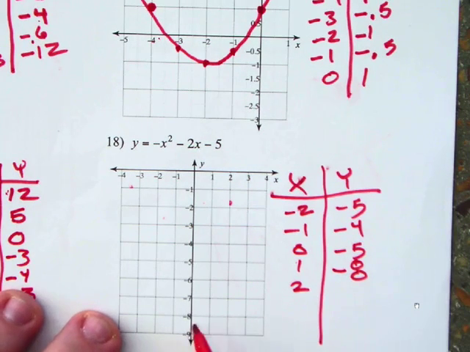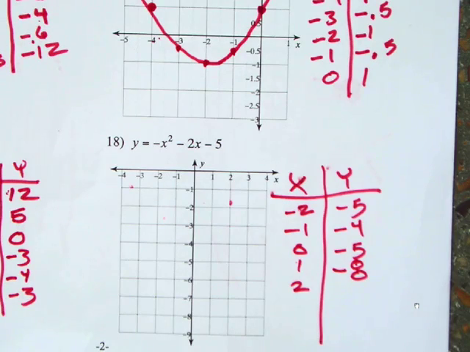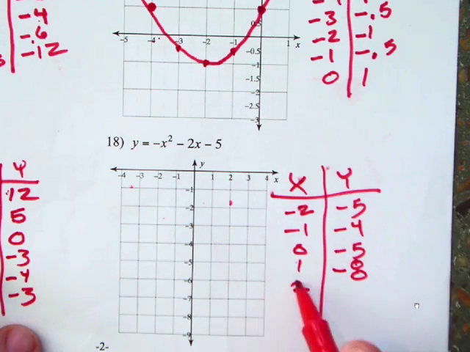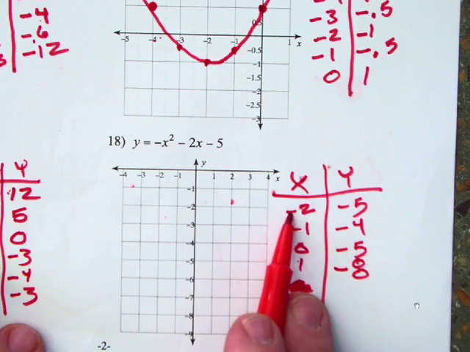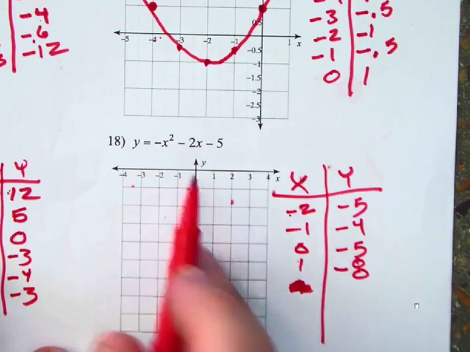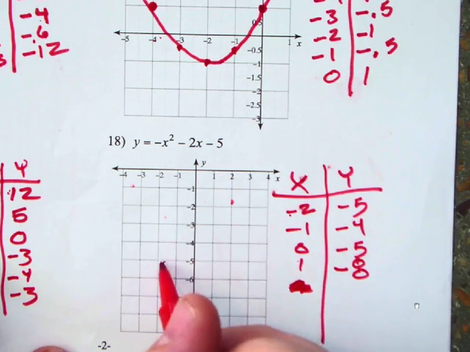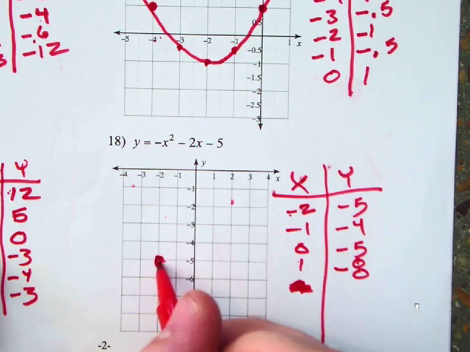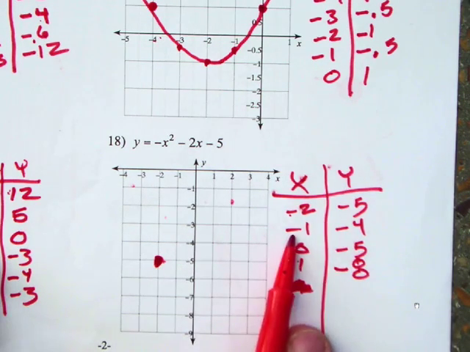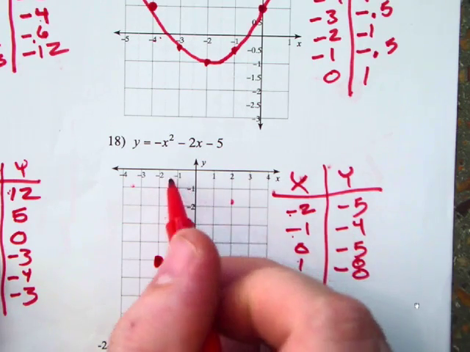Now if I keep going, I'm going to go well below that bottom negative 9, and I don't need that. Okay, so I'm going to go ahead and stop. We're not going to worry about the 2. And we can see, all right, when x is negative 2, y is negative 5. So negative 2, negative 5. Put a point. When x is negative 1, y is negative 4.